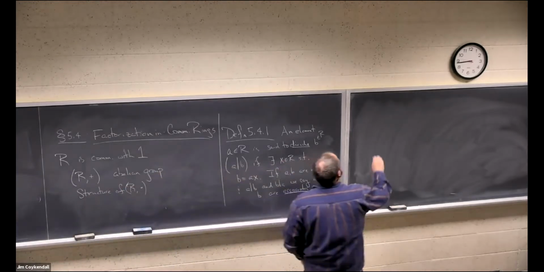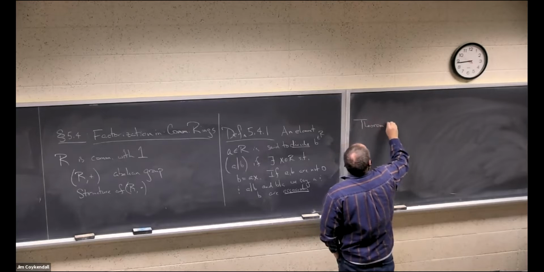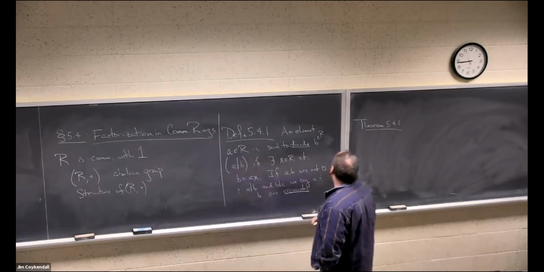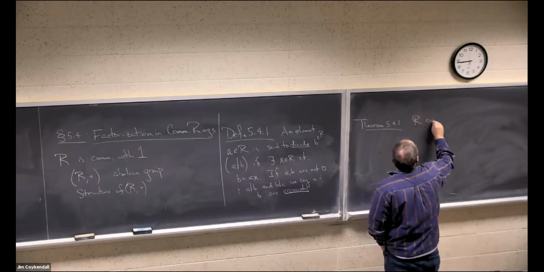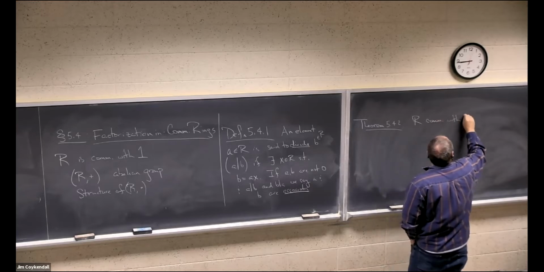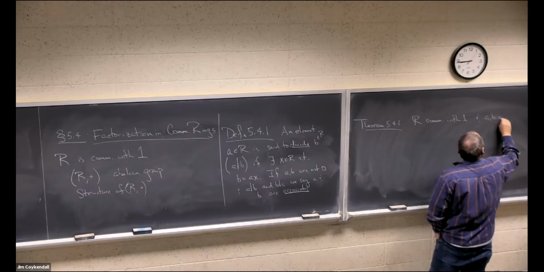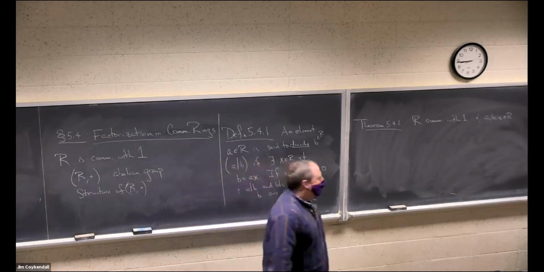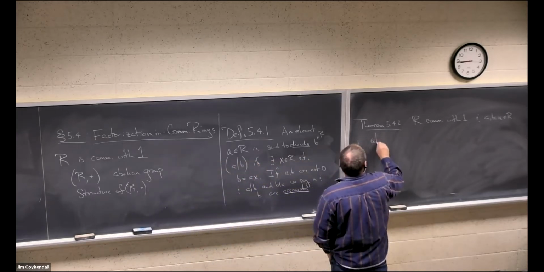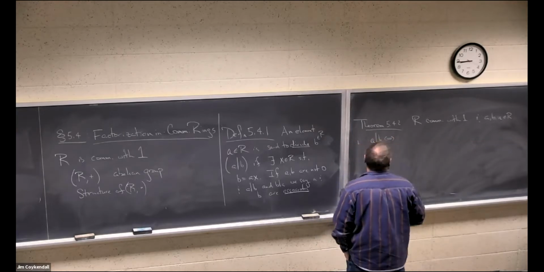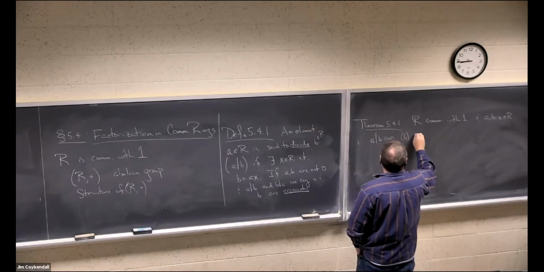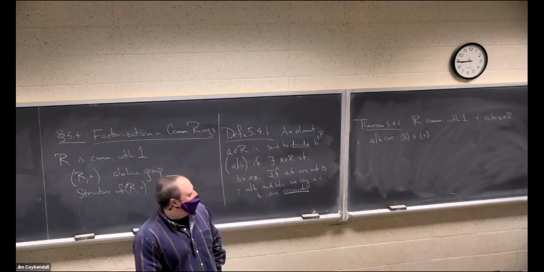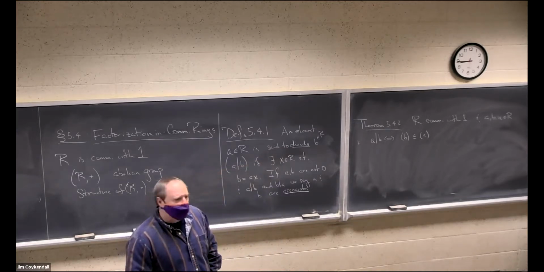Theorem. Let R be a commutative ring with identity, and A, B, U in R. Number one, A divides B if and only if the ideal generated by B is contained in the ideal generated by A. I like this one because it gives me an ideal theoretic characterization of division.